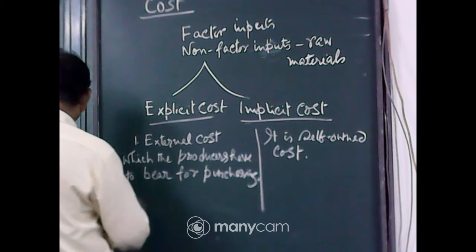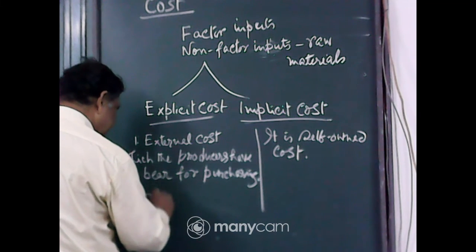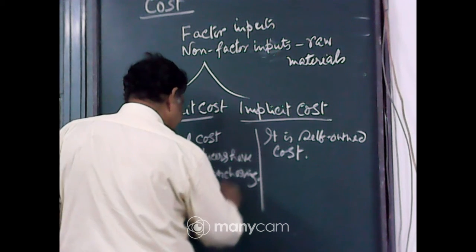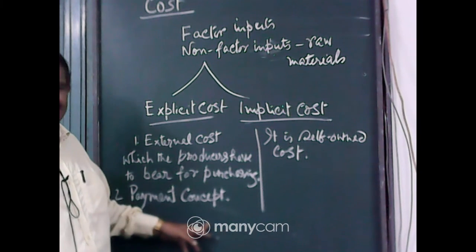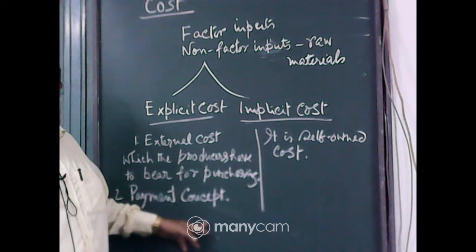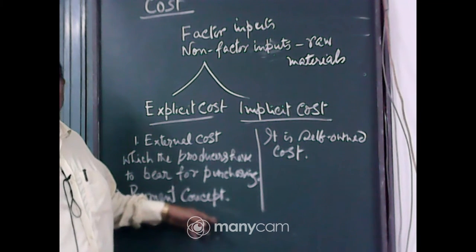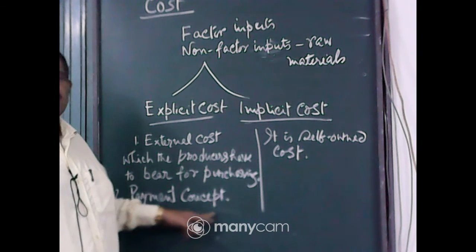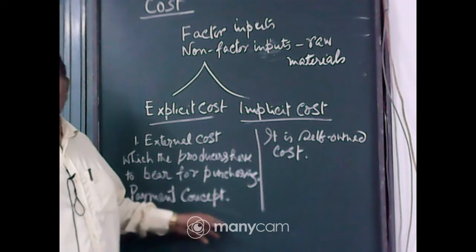This is payment concept. Why is it a payment concept? Because the producers have to pay something, in the form of money as wage, or rent, or interest, in any kind, to the owners of these factors of production or the labor.